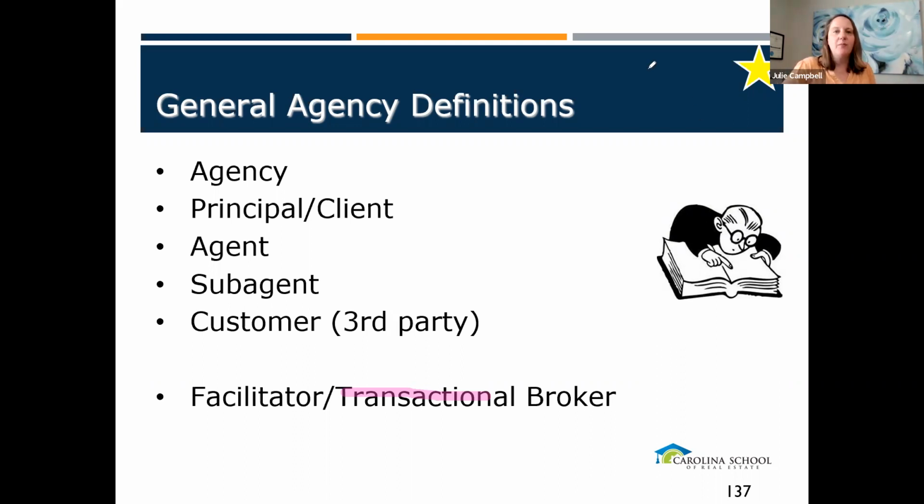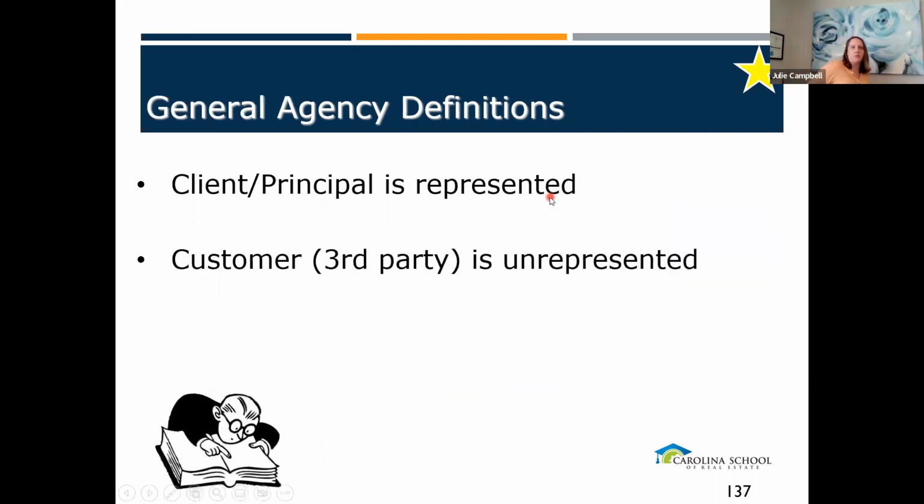So I've been babbling on about representing and unrepresenting. And this gets us back to some of our terminology. Your client or your principal is represented. They hired you, thus they get representation. The customer is unrepresented. For whatever reason, they chose not to hire you. We're going to look at some examples.